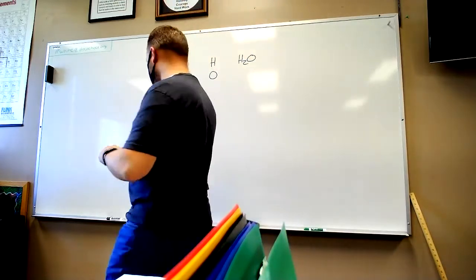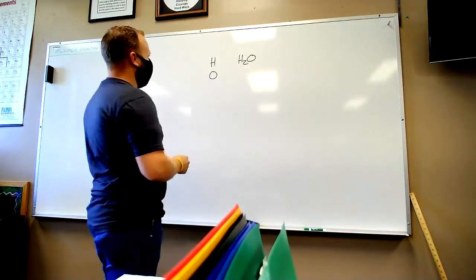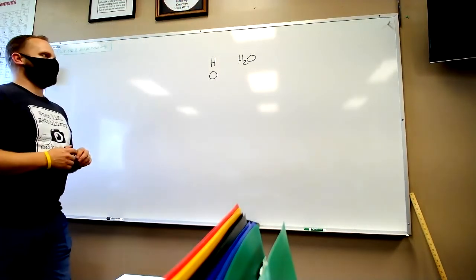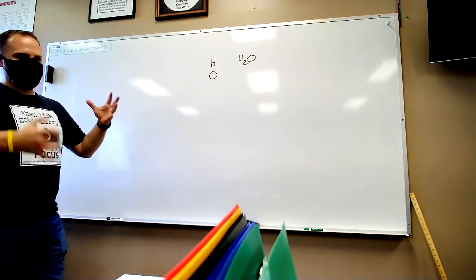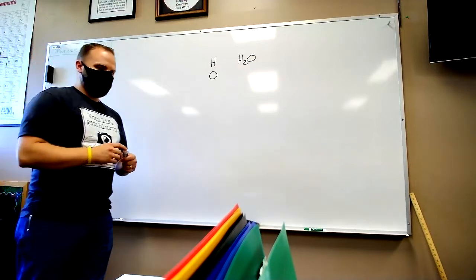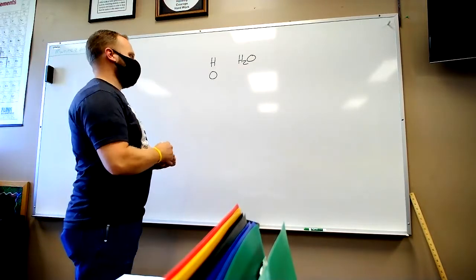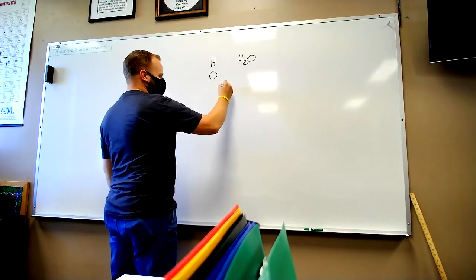So the first thing that we discovered that helped us figure out what the atom was like was the electron.